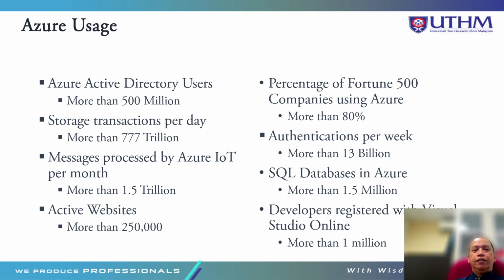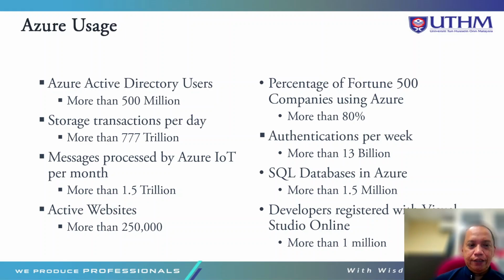Azure Active Directory users: more than 500 million. Storage transactions per day: more than 777 trillion transactions in one day. Just imagine how they manage all of these things. Messages processed by Azure IoT per month: more than 1.5 trillion.